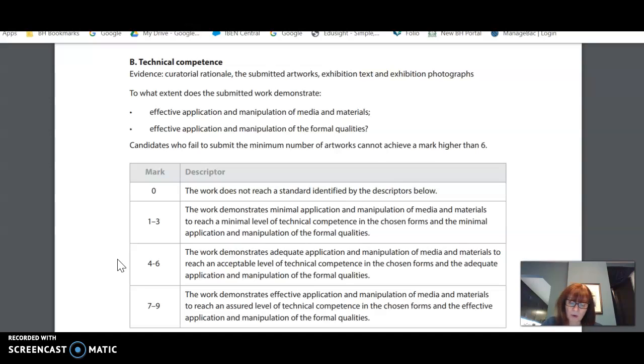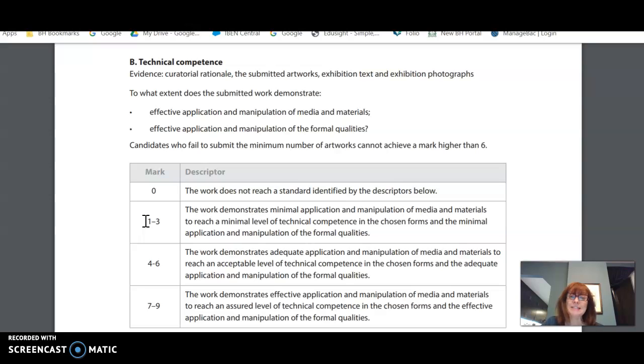So the rubrics require a best fit approach, and here's how it goes. Initially, assign the work a level 0. Then we're going to read the descriptor for the next highest level, and evaluate the extent to which there is evidence in the work that matches the descriptor.